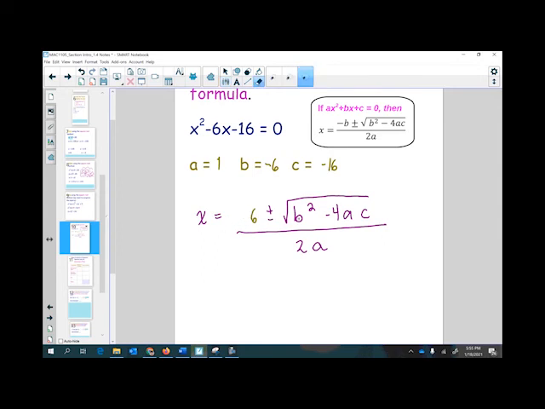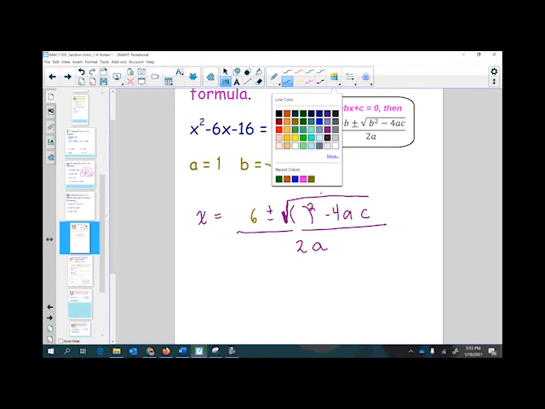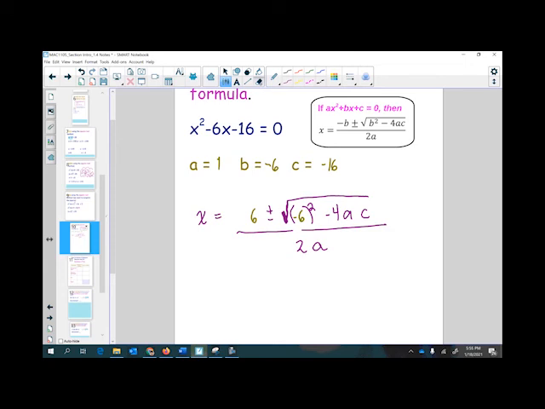Now here's another b. I'm going to replace that with the negative. So I'm going to put parentheses, since I know that the whole quantity of b has to be squared. And b happens to be a negative here, so I want to make sure the negative gets squared as well. Okay. And then I'm going to replace the a and the c.